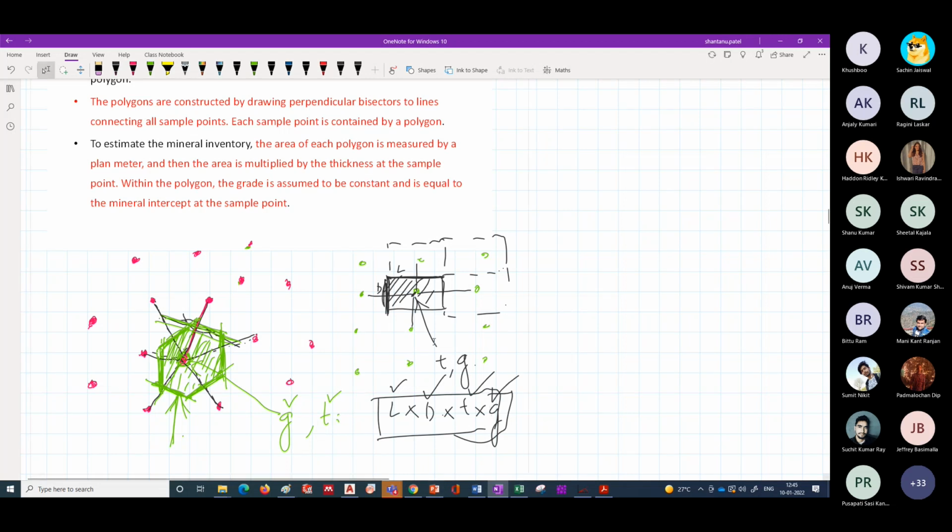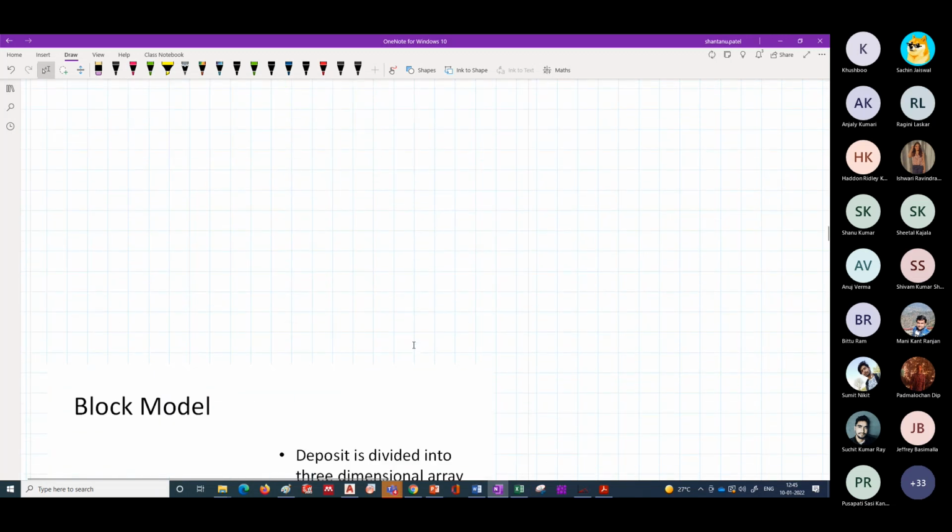Yeah, these are simple techniques. The last one we use today uses computers, and this is called the block model. As I said, we use computers, because if there are n number of boreholes, then calculating all of them takes a lot of time, right?